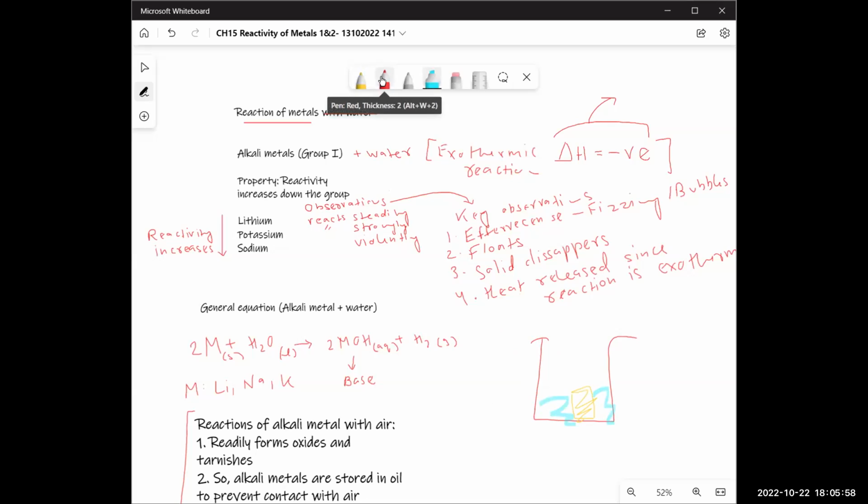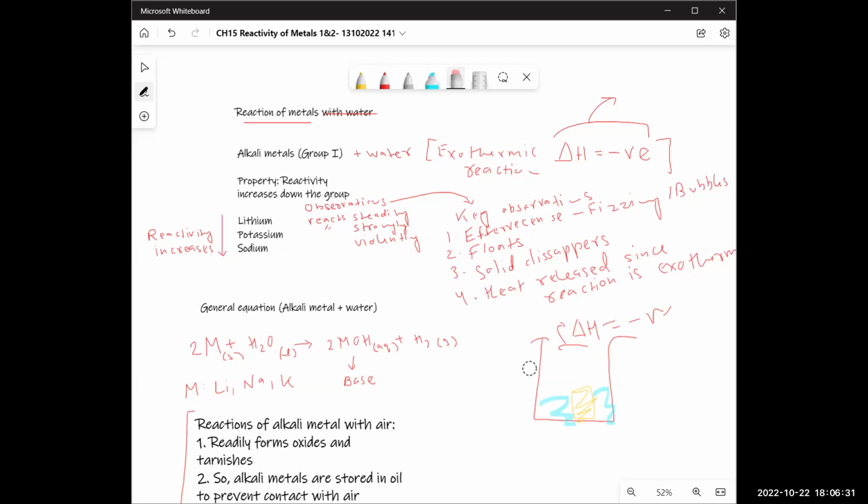Jawan, what do you say? If you have an exothermic reaction happening in this beaker and you touch the beaker, will you feel the beaker is cold or hot? Rania, why do you think it's going to be hot? Sir, because we said it's an exothermic reaction, so it's giving out heat.